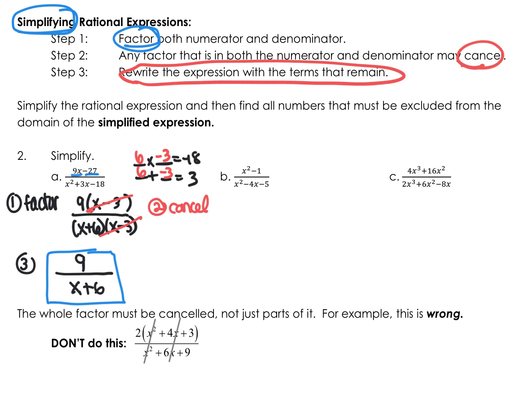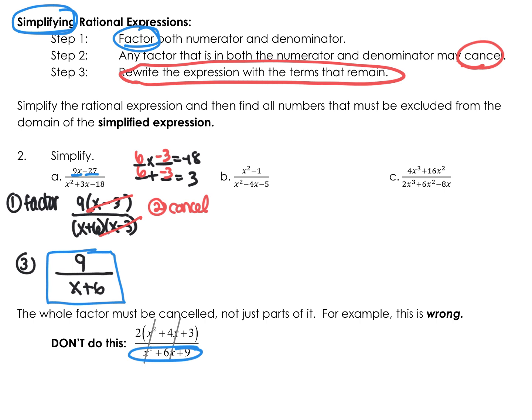One of the things that's dangerous that a lot of people are tempted to do is cancel before factoring or cancel part of it. So down here you can see they tried to cancel out the x squared and the x's here, but that's not allowed. This is bad, okay? You can't do that because the x squared is part of the whole factor, right?